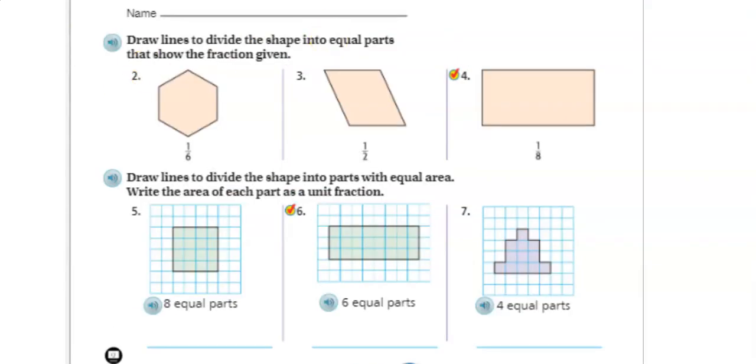All right, so we are on to the next, and we are to draw lines to divide the shapes into equal parts. So hopefully you have your pencil and you are ready to go. It wants us to divide this into 1/6. So we have to divide it into 6 equal parts. So find the centers always. So that right there is really easy.